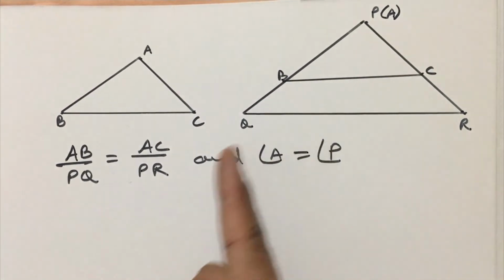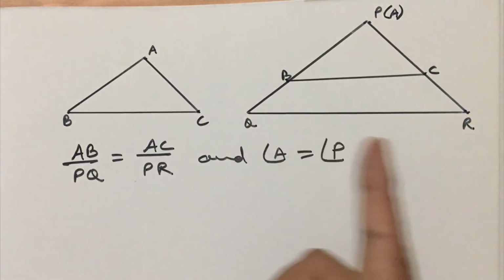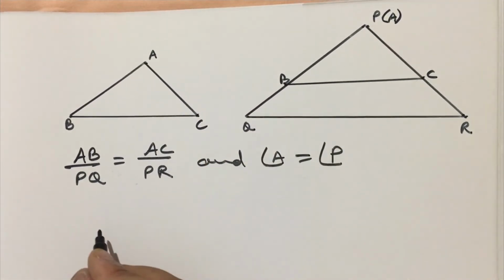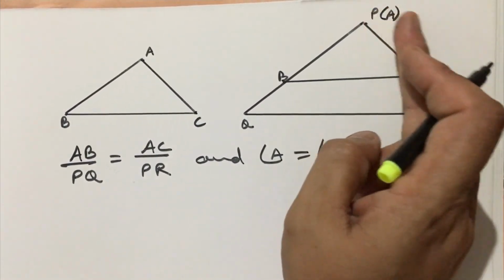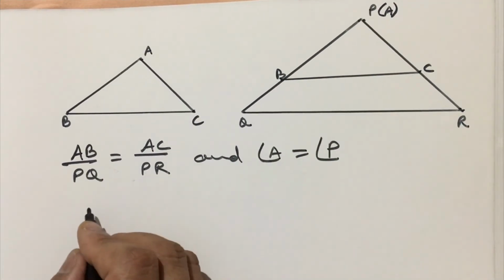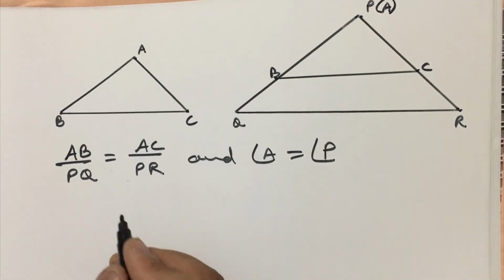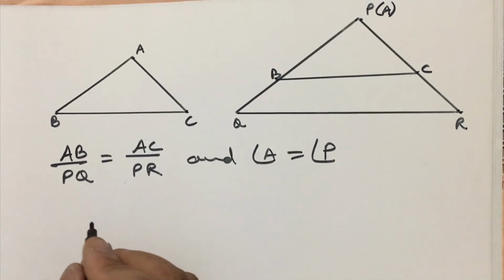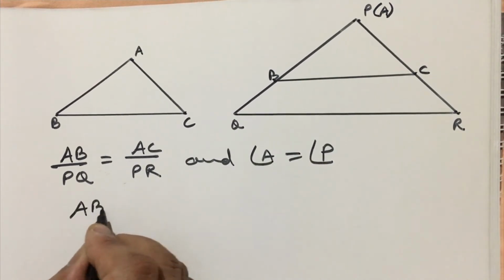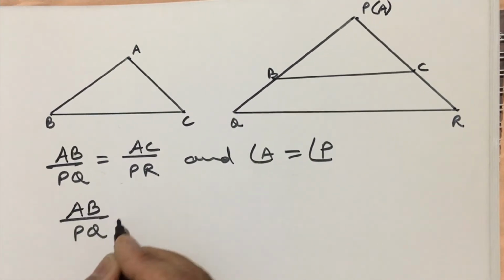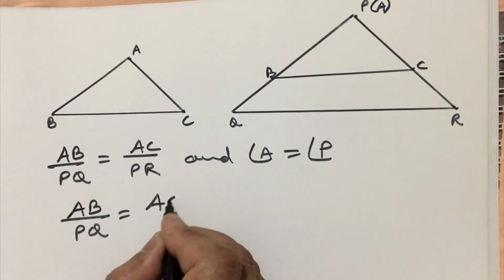Now, in triangle AQR you can take this, or else in triangle APQ, you can use it. Okay, in this one, see, AB by PQ is equal to AC by PR.